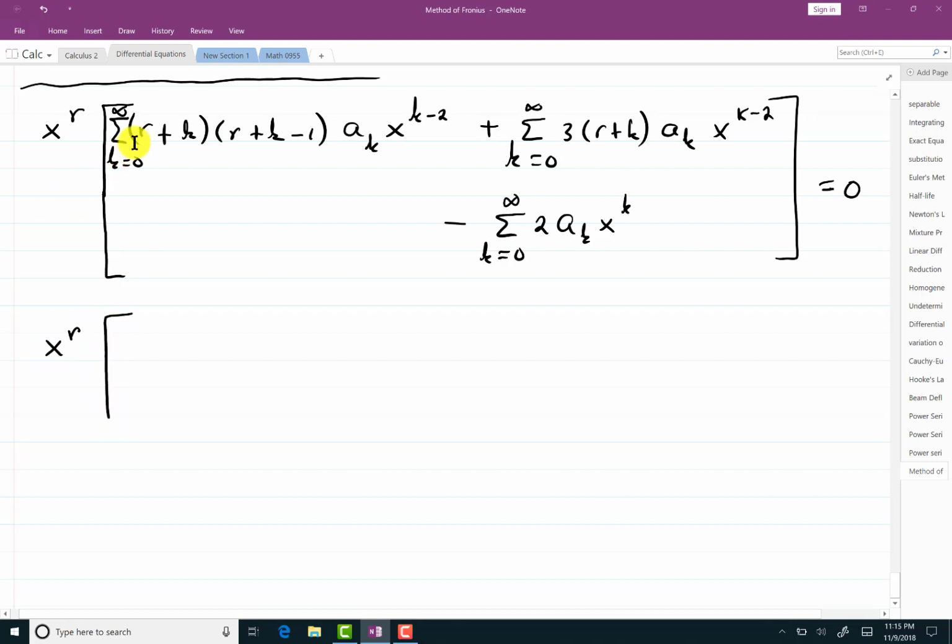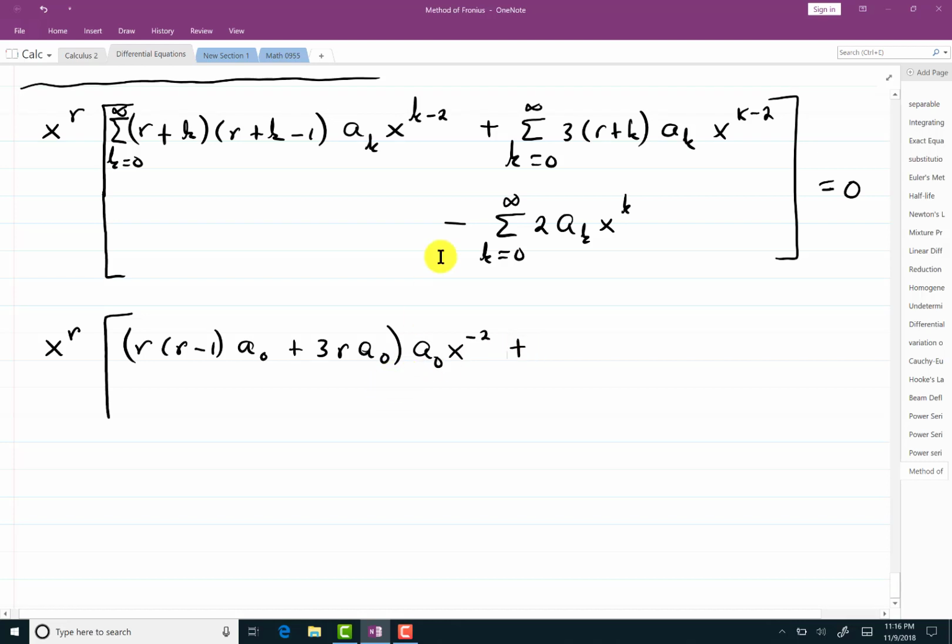And so when I do that, for k equals 0, I'll get r times r minus 1, a sub 0, plus 3r a sub 0. All of that stuff is attached to a sub 0 x to the negative 2.